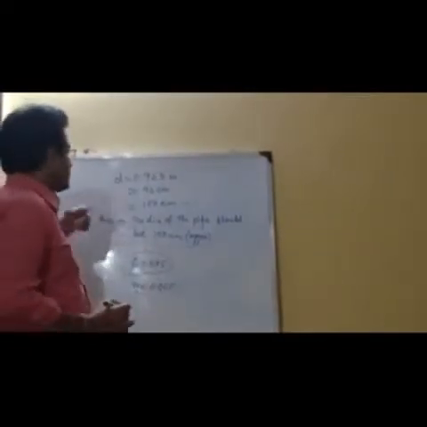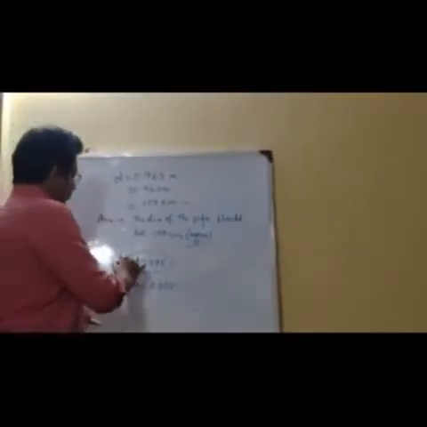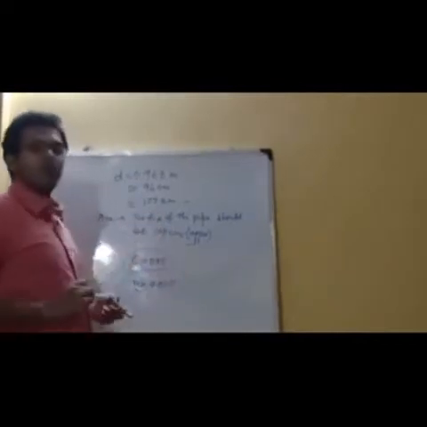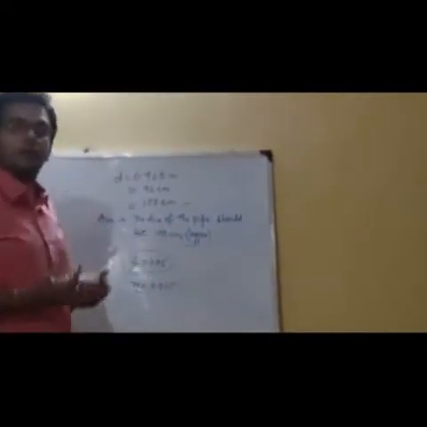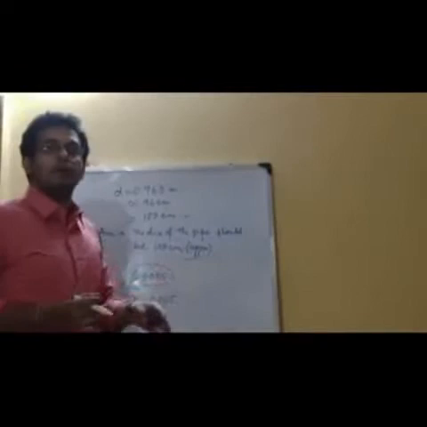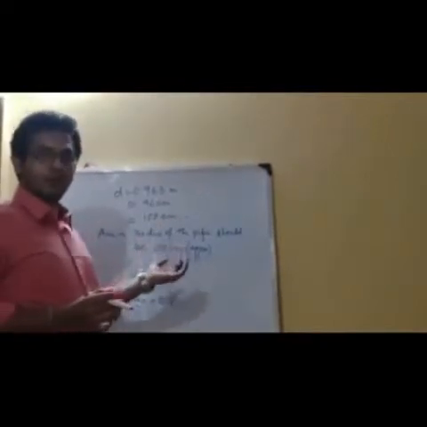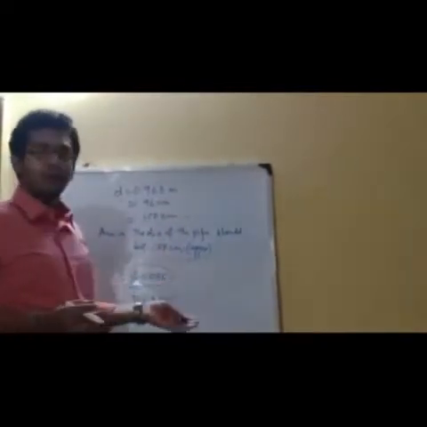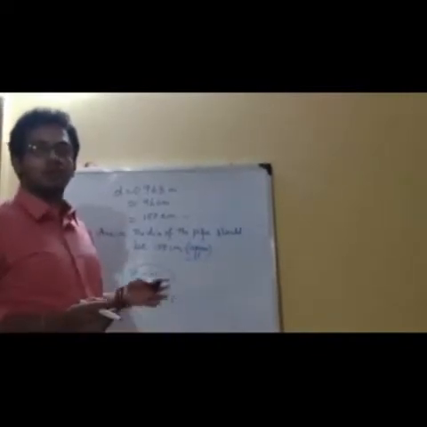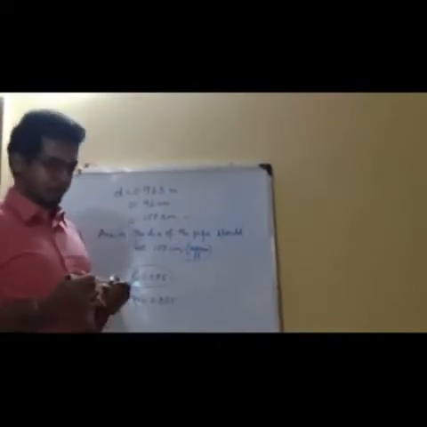So in this type of problem we have to find out what the given values are, or what data is available, and by that data decide whether to use Manning's formula, Hazen-Williams formula or Darcy-Weisbach formula. We have to think about it. Okay, thank you.